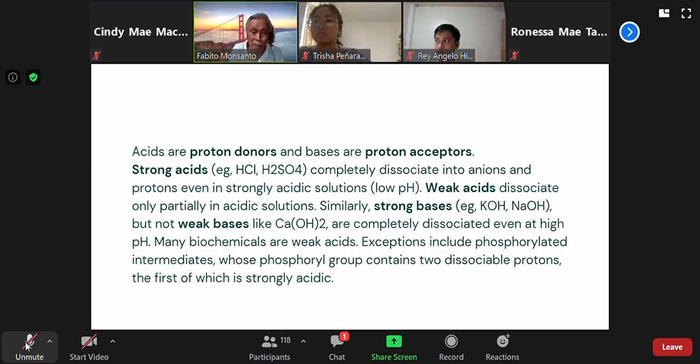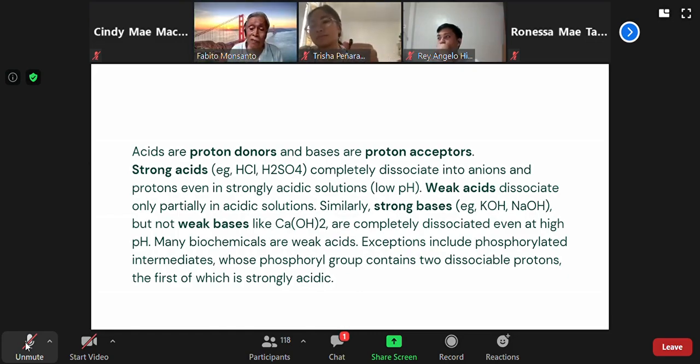And what is that basic component? That's hydroxyl. That's your OH. The OH there is the conjugate base. Because your hydroxyl can accept a hydrogen or a proton. So the OH accepts a proton, it becomes water, correct?